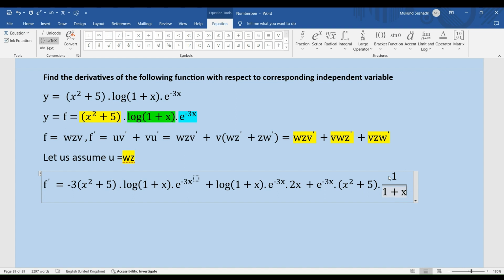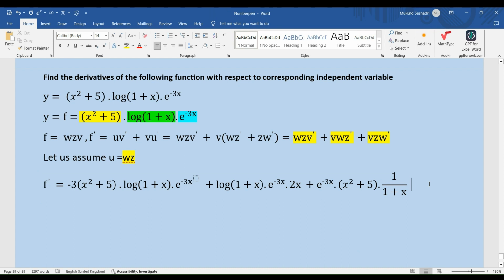So my d by dx of log of 1 plus x again is an example of chain rule of differentiation, where I do d by dx of the log function first. So I represent it as 1 by 1 plus x, and then I do a differentiation of the expression within the log in terms of x, which is d by dx of 1 plus x, which is nothing but a 1, right?